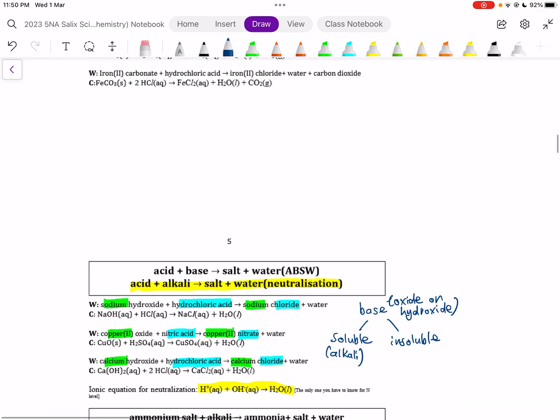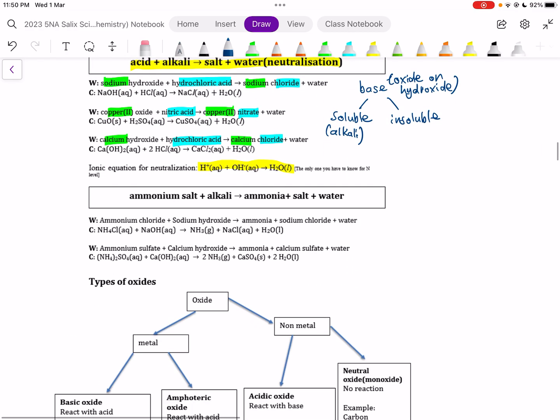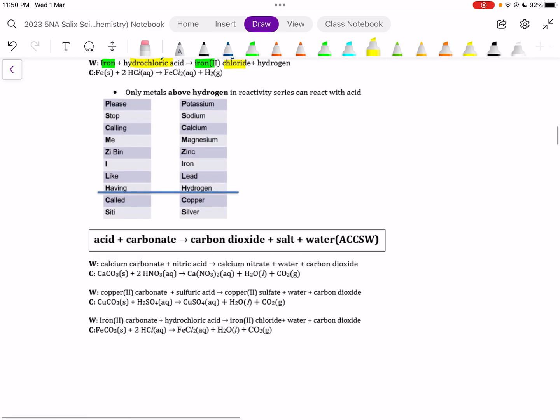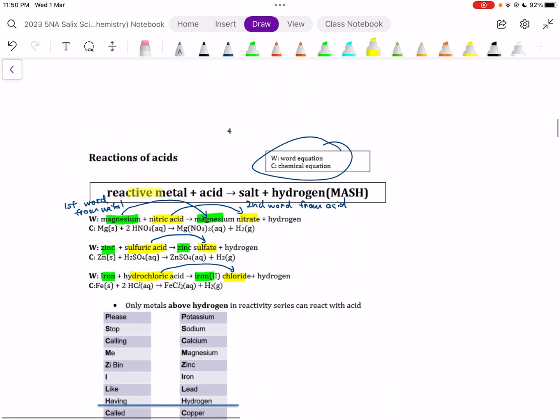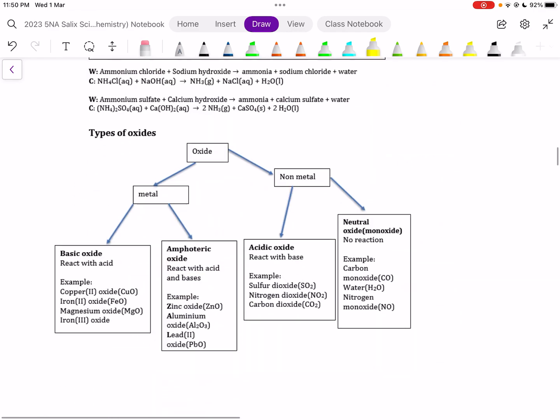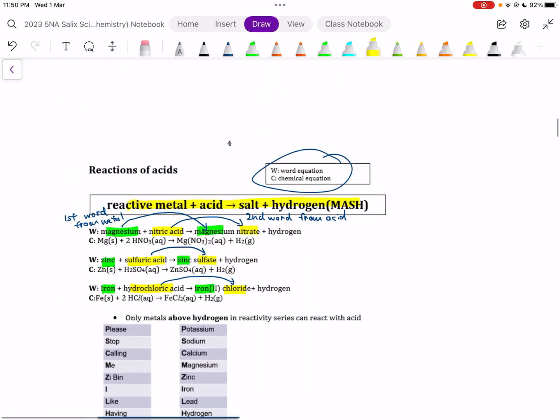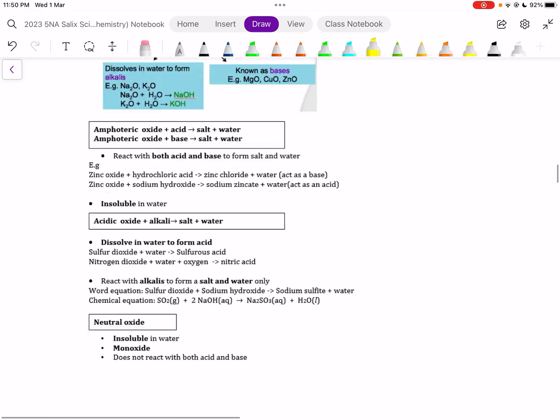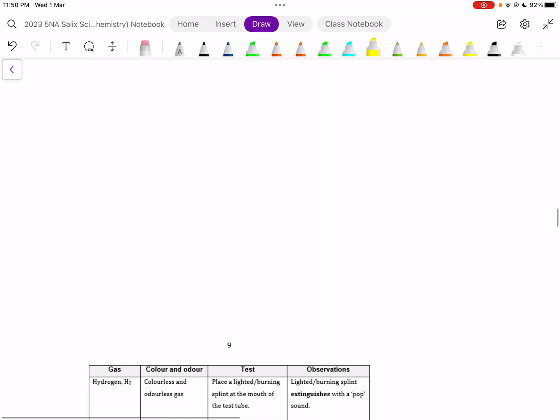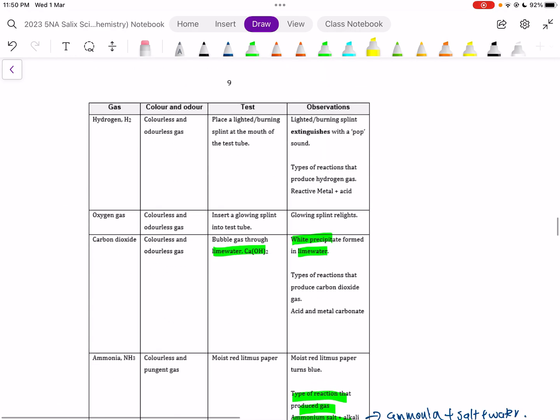So the four reactions, don't forget the acid-base reaction like ammonium salt plus alkali, then acid plus carbonate, and reactive metal plus acid. Do recall them in your summary notes, pages 4 and 5, as well as the test for gases on page 9.